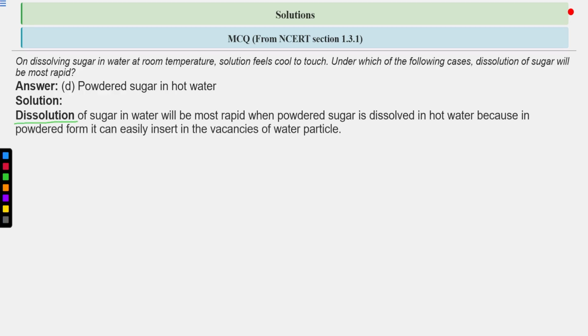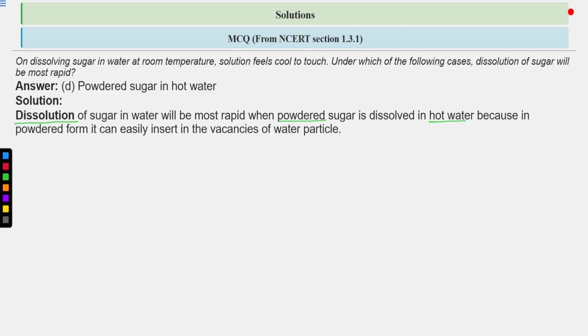The dissolution of sugar in water will be most rapid when the sugar crystals are in powdered form. We crush the sugar crystals into powder, and when you dissolve them in hot water, the dissolution happens rapidly. Why?